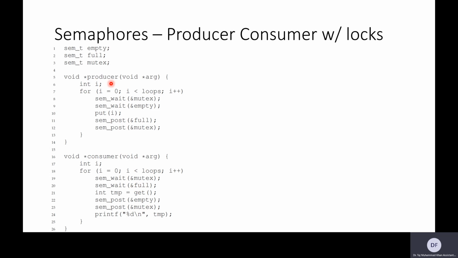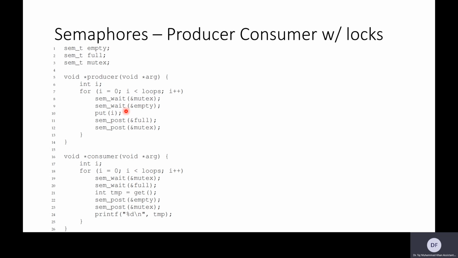So this consumer thread is essentially waiting for a producer thread on this condition variable full. And the producer will call Sempost on full only after it has acquired the mutex. And who is holding the mutex? It is this consumer thread. So when the producer thread calls Semwait on this mutex and goes to sleep, it is essentially waiting for this consumer thread to release the mutex.